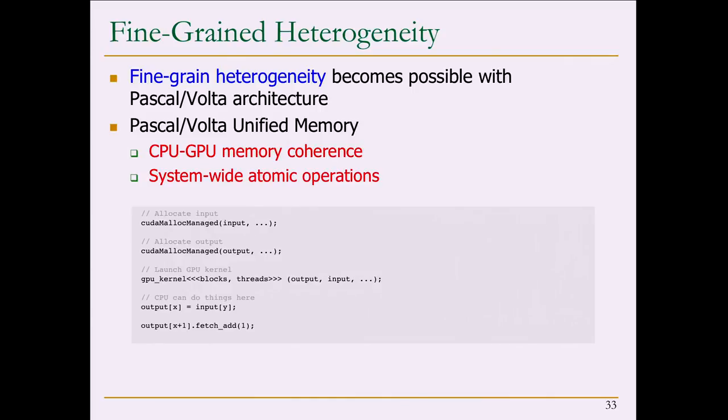And this is thanks to the fact that the latest GPU architectures have enabled CPU and GPU memory coherence, and also the possibility of having system-wide atomic operations. I'm not going to talk about memory coherence because this is a topic that will be covered later in the course. But essentially, what you have to keep in mind is that some data can be read by the CPU and by the GPU.